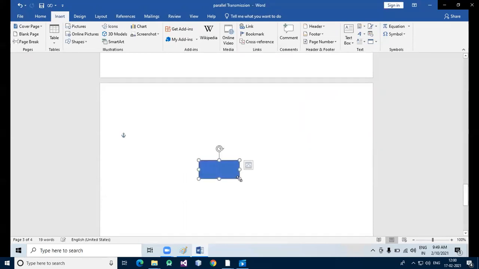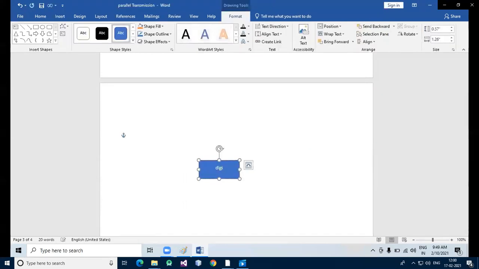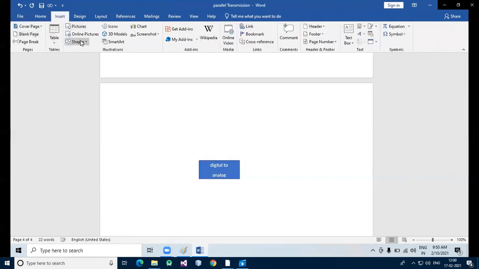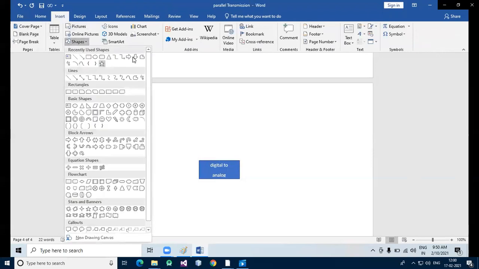This is a diagram of digital to analog conversion.